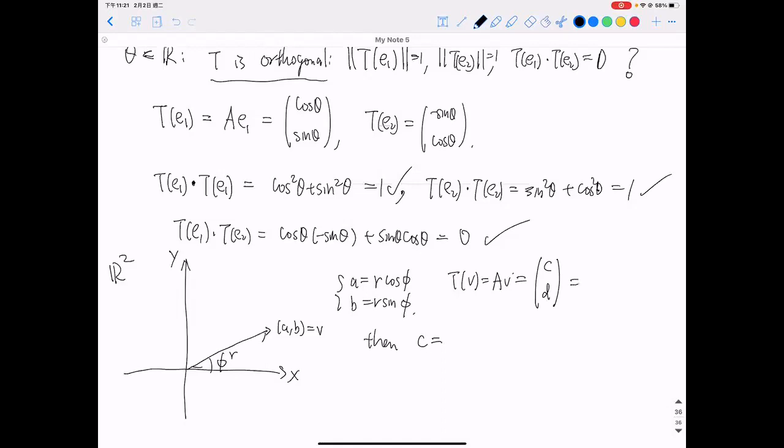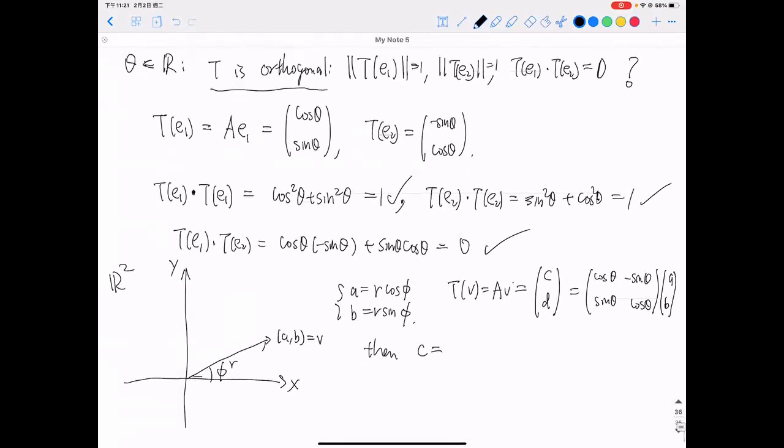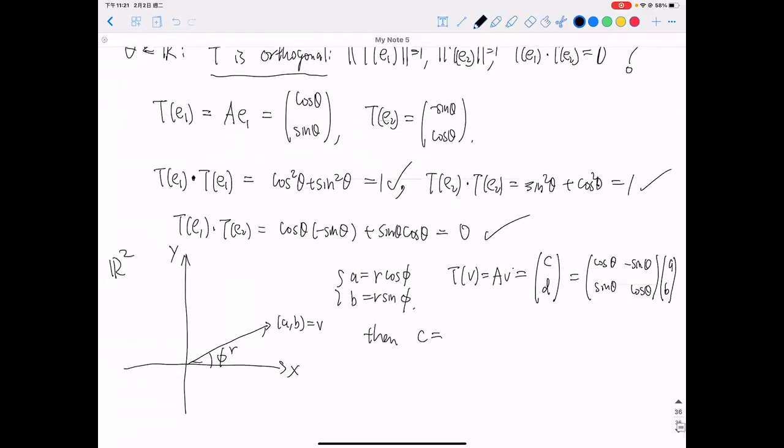Well, this A is the matrix cosine theta, minus sine theta, sine theta, cosine theta, times (a, b). So from here, you can compute c. C is a cosine theta minus b sine theta.